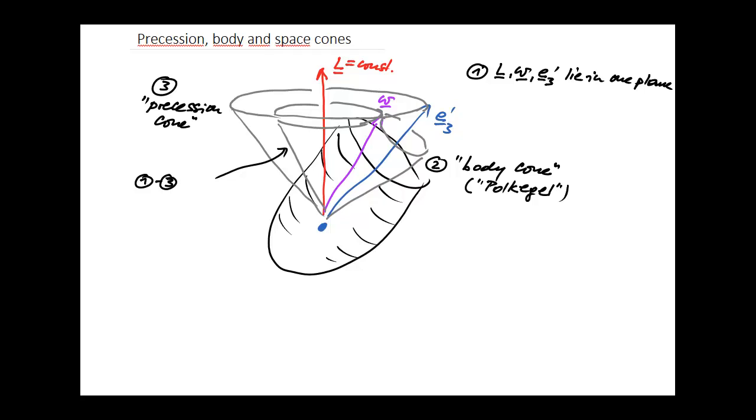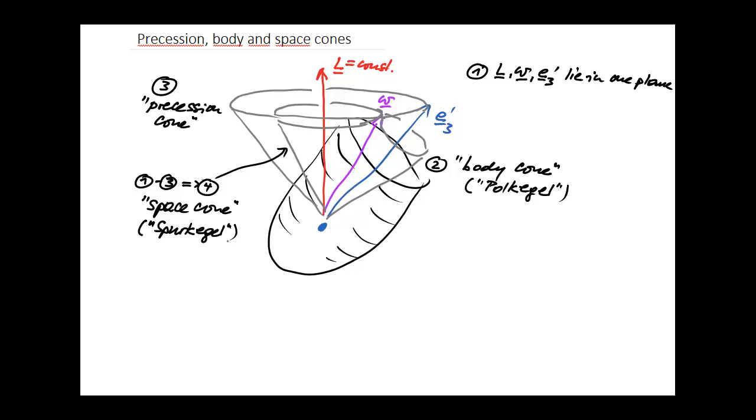All 3 results that we have obtained so far imply a consequence number 4, that omega also lies on a cone around L. And this cone has yet another name. It's called the space cone. And in the German literature, this is called Spurkegel.